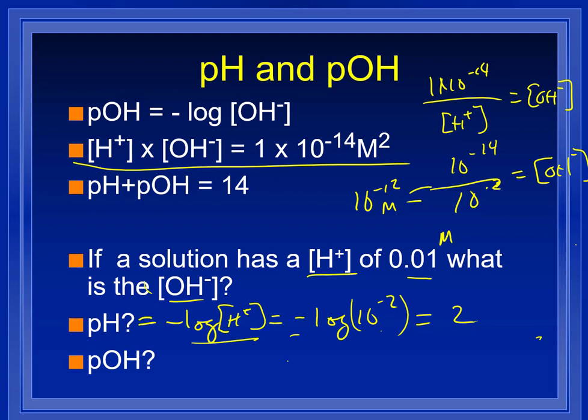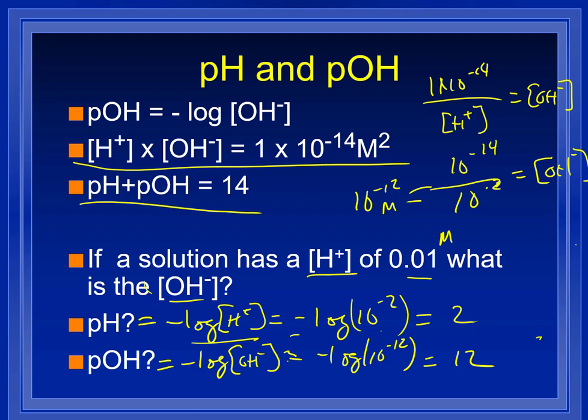Now we have two ways of getting there. I can either use the negative log of the OH minus concentration, which is the negative log of 10 to the negative 12th, which is 12, right?